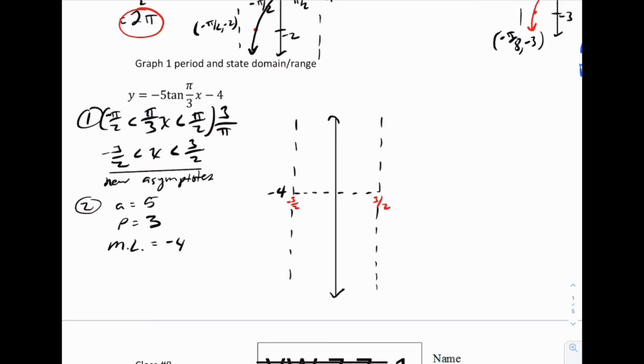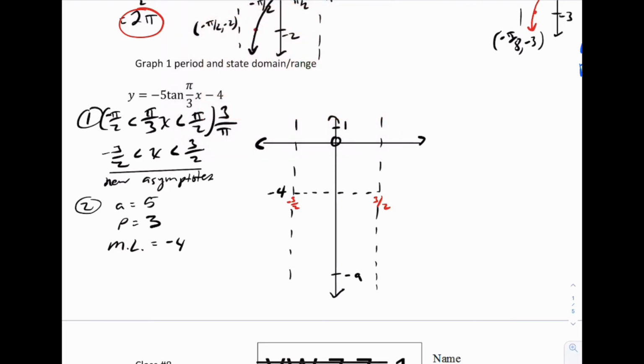And then if this is negative 4 in the middle, if we go up 5, that should be positive 1. If we go down 5, that should be negative 9. And that would also mean our x-axis is right about here. And I'll put a line right here to note that.